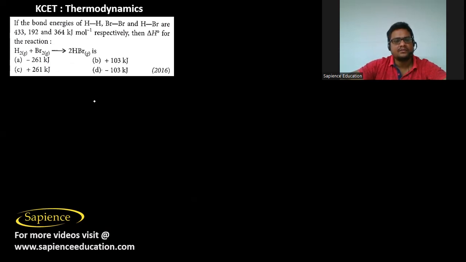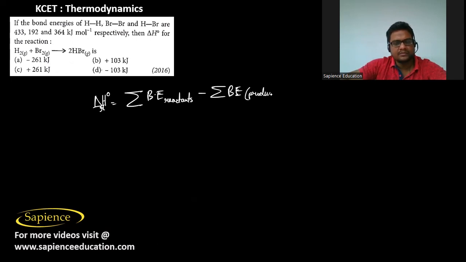So here we know that the change in reaction enthalpy is equal to the sum of the bond enthalpies of reactants minus the sum of the bond enthalpies of the products.